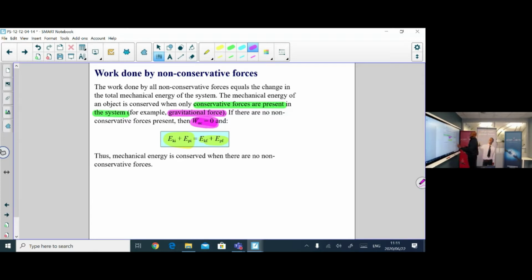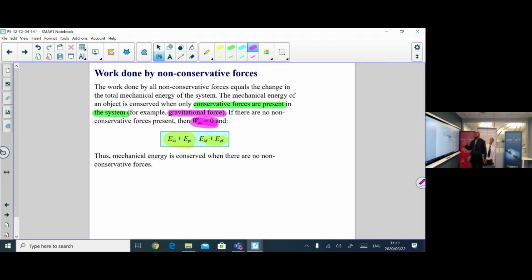In other words, under conservative forces, the initial kinetic energy plus the initial potential energy is equal to the final kinetic energy plus the final potential energy. We don't have any change at all, which is W NC equals 0. Don't forget that under conservative forces.